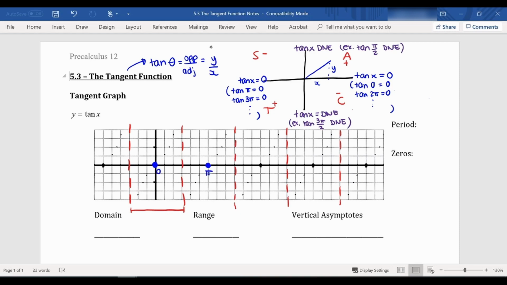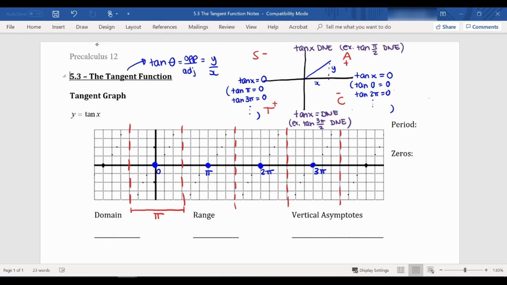Then I'm positive, does not exist, negative, 0 again when I finish a full circle at 2 pi and at 3 pi. So that means that my 6 boxes is pi units, because between each of my blue dots here, I have 6 boxes, and I went from 0 to pi to 2 pi to 3 pi.